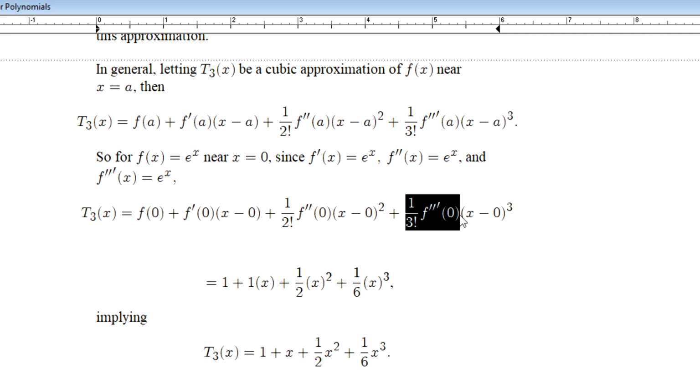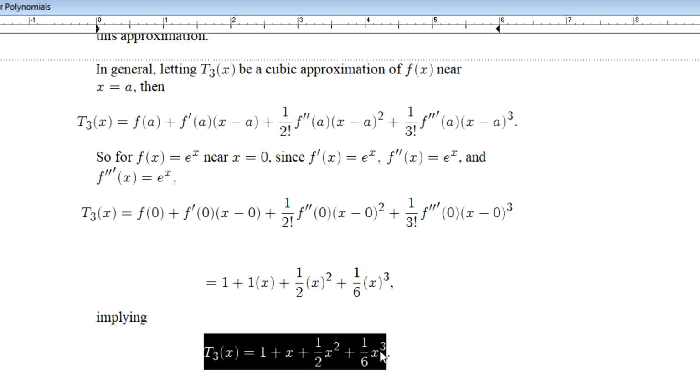It's just the value of 1. So this middle factor will turn into 1. And then times x minus 0 raised to the third power, well, that's just x cubed. So this fourth term we add on to this approximation is just 1/6 times x to the third power, or 1/6 x cubed.